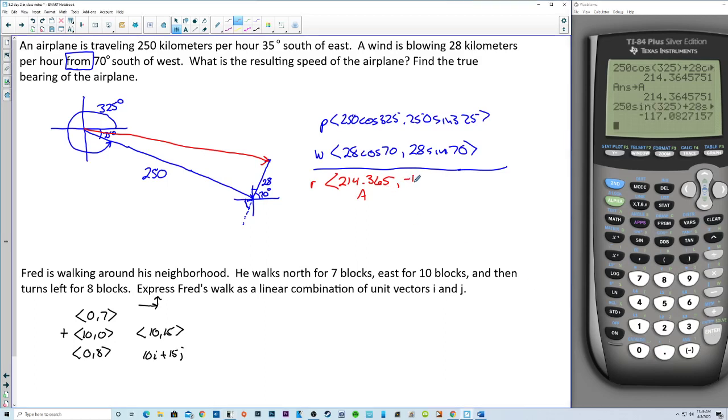And we get negative 117.00827. Keep on going like that. And we'll put that into B. So store alpha B.